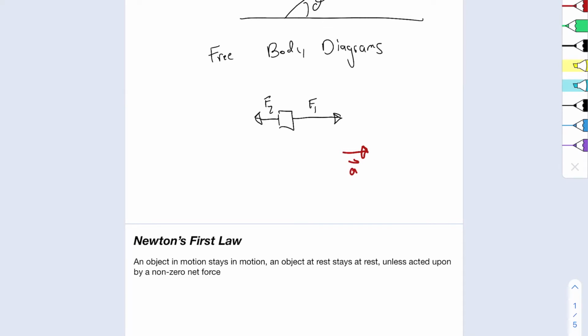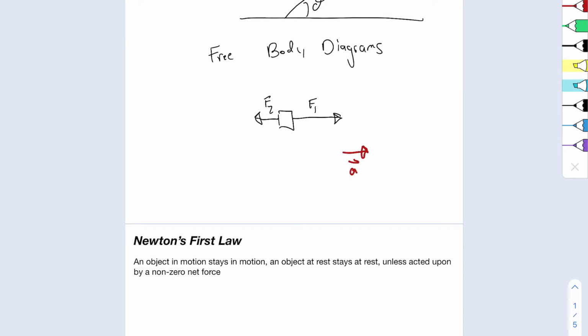And that velocity can be just zero, which means the object is at rest, or it could be 10 miles per hour north. It'll stay moving at that speed in that direction until a non-zero net force acts on it.